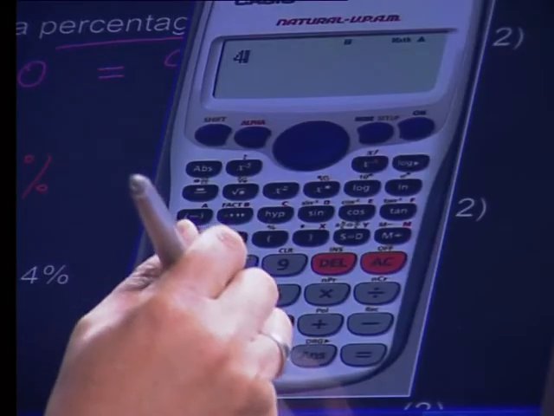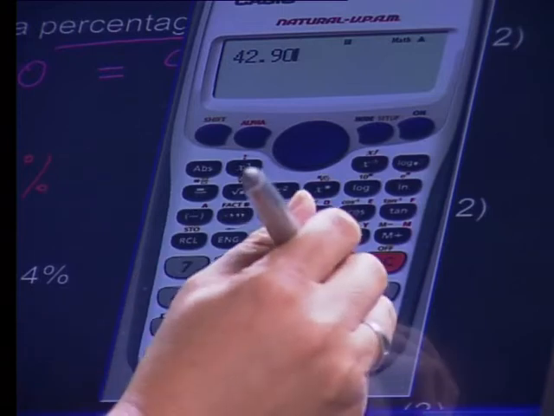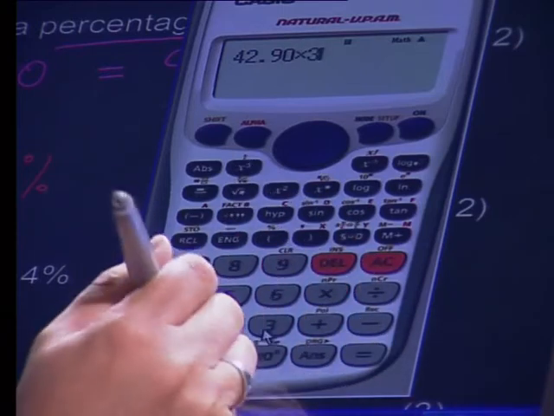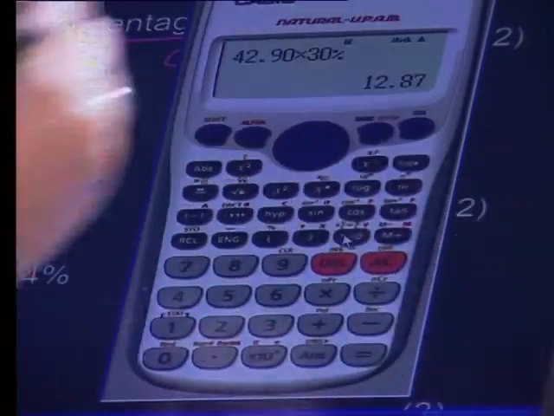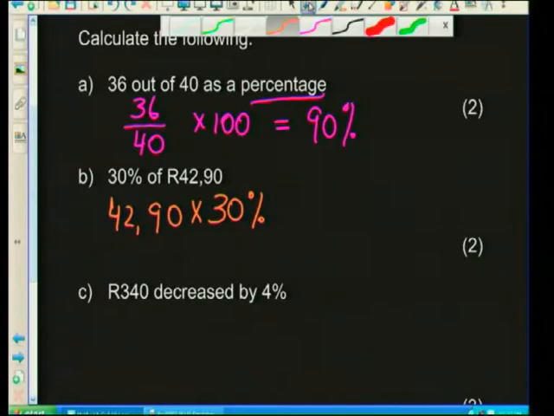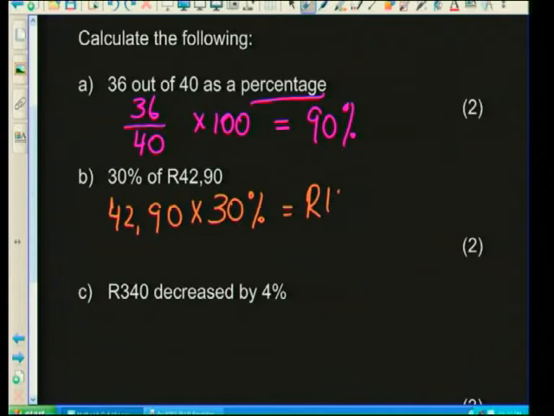So we take our 42 Rand 90 times by 30%, and I get an answer of 12 Rand 87. So that is 12 Rand 87. These are nice easy marks, and sometimes we'll see these kinds of questions within other questions, and they're the marks that we know we can easily get. Just a lot of practice that we need to do.